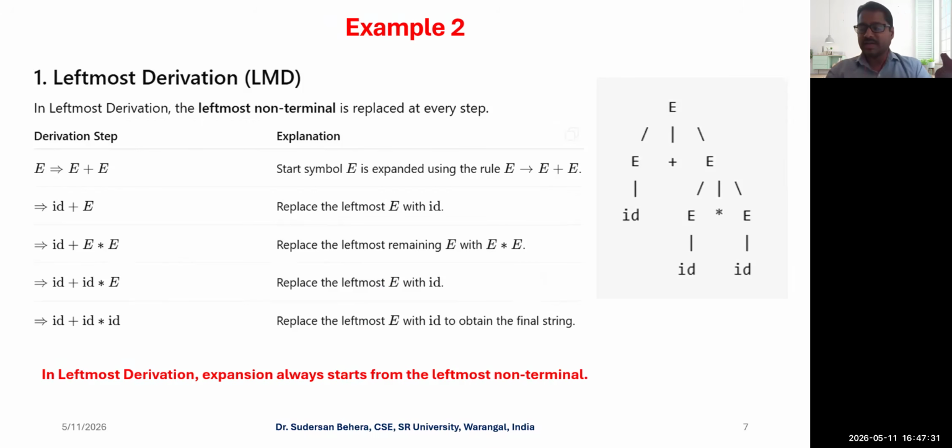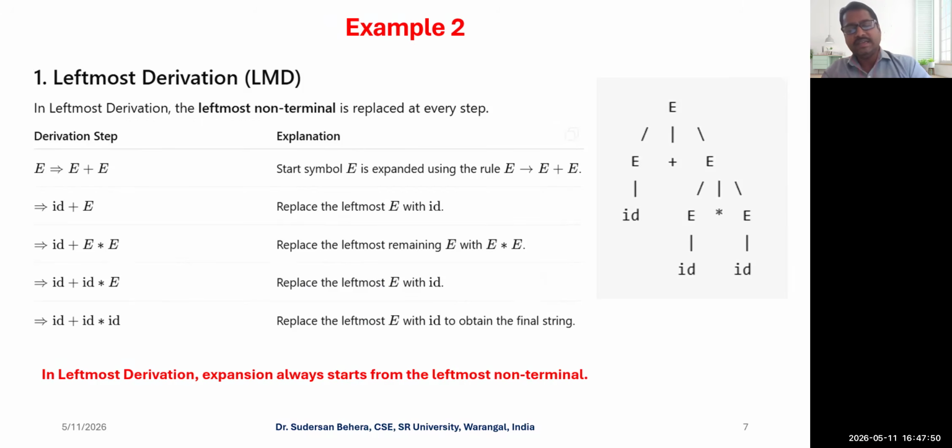I may not reach the target string. So instead of taking E as ID, let me take E as E into E. So in the next step, E got replaced, that is the leftmost E, because when there is a single E, by default you can consider it the leftmost E.